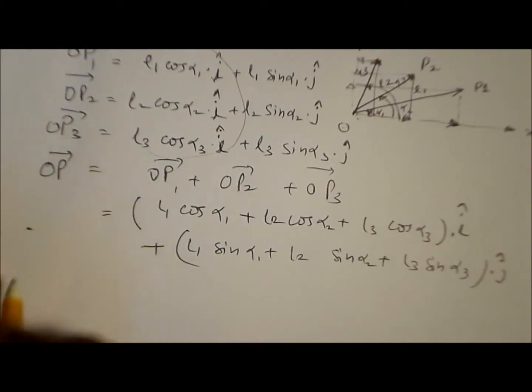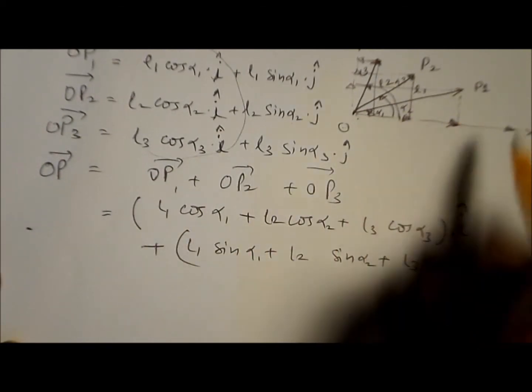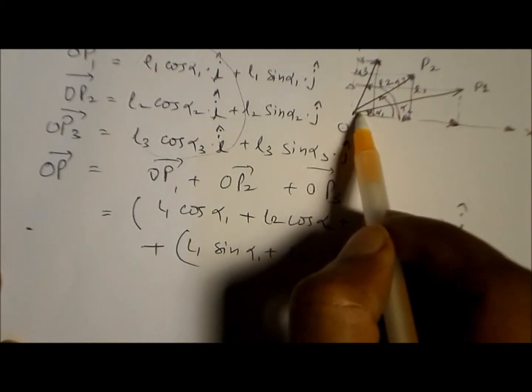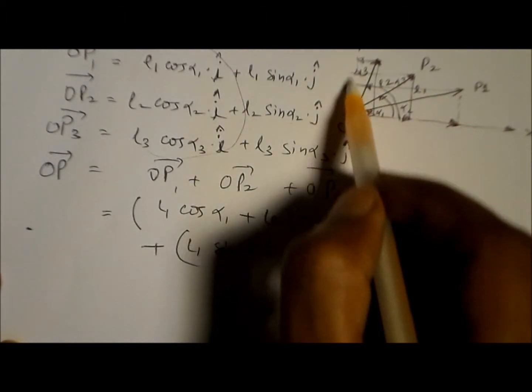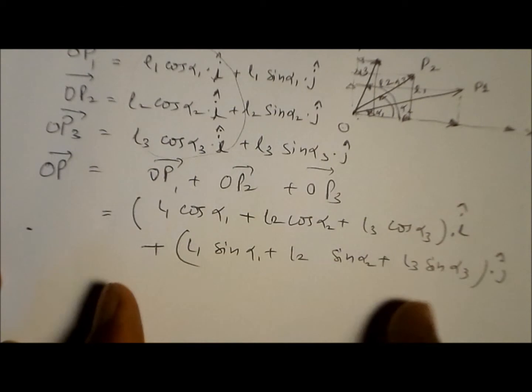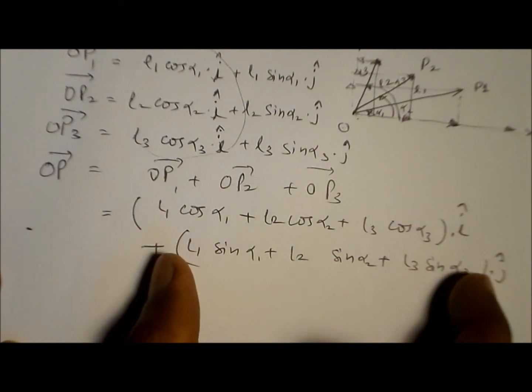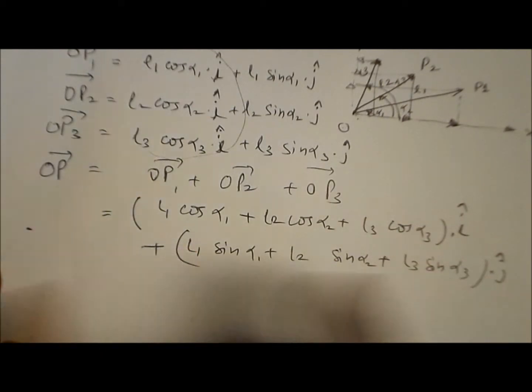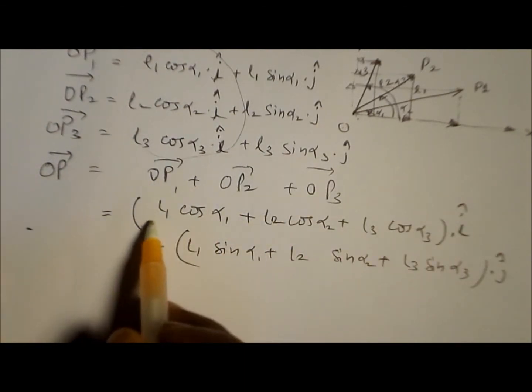With this, what it does is that it simply expresses this set as a set of x-axis vectors and a set of y-axis vectors. We add all of the x-axis vectors and all of the y-axis vectors, and from there we can find the magnitude.